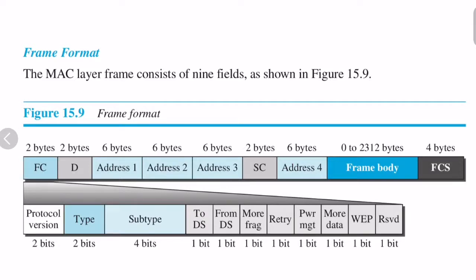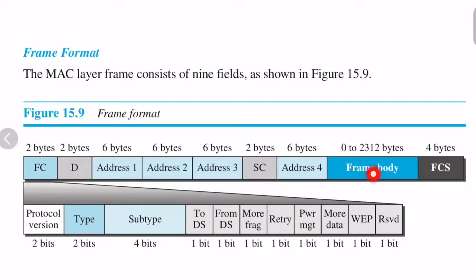The meaning of each address field depends on the value of to DS and from DS subfields. Next comes sequence control. This field, often called the SC field, defines a 16-bit value. The first 4 bits define the fragment number and the last 12 bits define the sequence number, which is the same in all fragments. So that is to know the sequence numbering for different fragments.